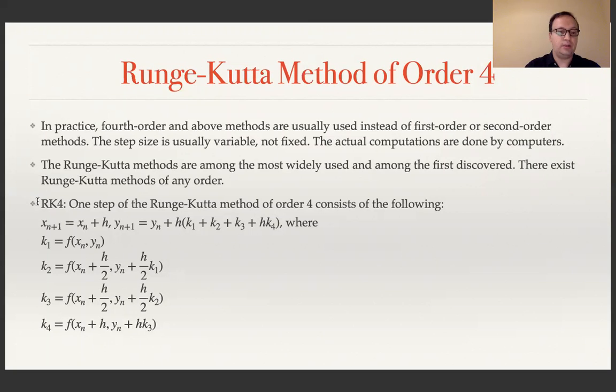However, these are some of the best known methods, namely the Runge-Kutta method of order 4 and the Runge-Kutta method of order 5, which I'm not going to present. So this is how a fourth order method looks like. At each step, you have to go from yn to yn plus 1 by adding h times a sum of 4 different terms, which have to be computed separately, involving the values of f at different intermediate points.